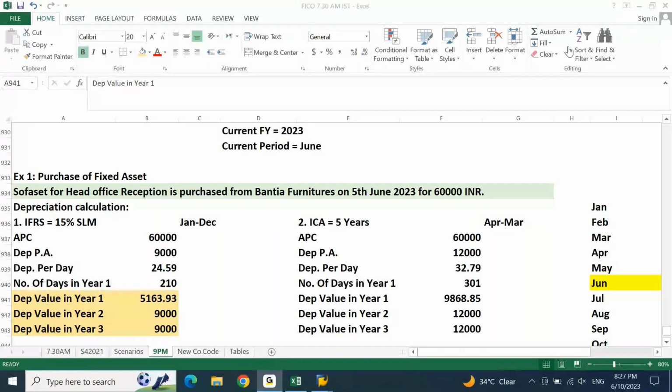The example I have given is for furniture; you try to take another asset, maybe tables, chairs, whatever it is. Take a different vendor, a different date, a different amount. Change everything. Your asset name should be different, purchase date should be different, purchase value should be different, vendor should be different. Clear? Don't just change the amount, don't just change the vendor, don't just change the name, change everything that is there in the example here. Clear?